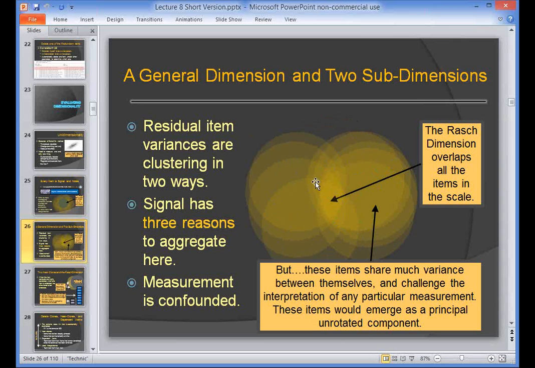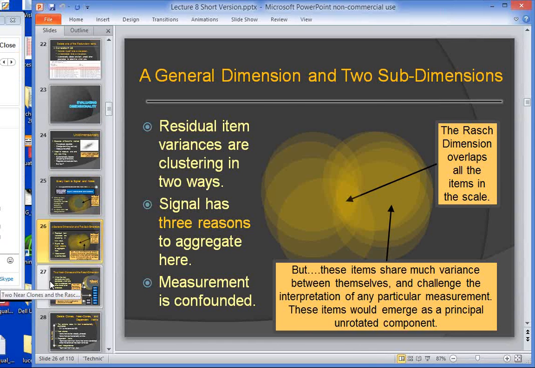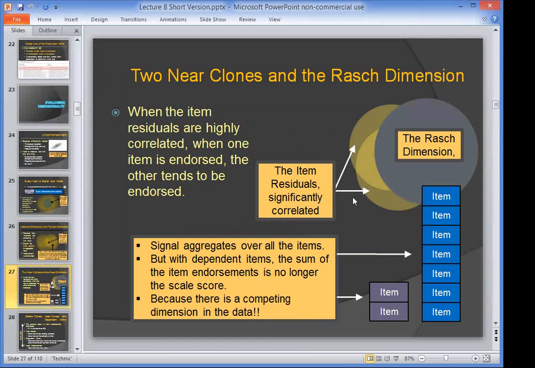Three dimensions are basically represented in the data. Ideally, the Rasch dimension, our measurement dimension, would be the dimension that's most strongly represented in the data. When that happens, the aggregation is going to occur and the signal is going to add up most strongly on the Rasch dimension.